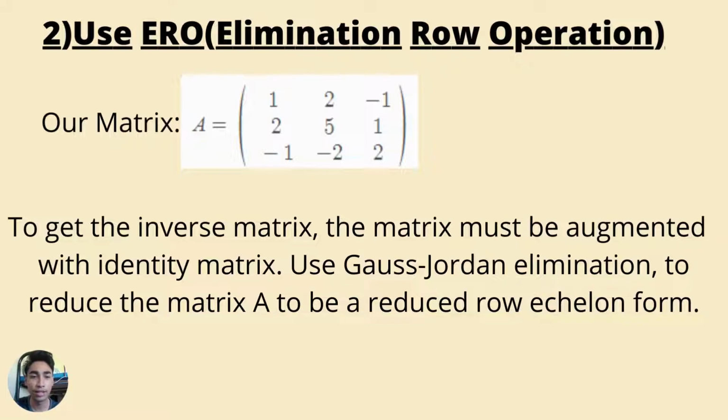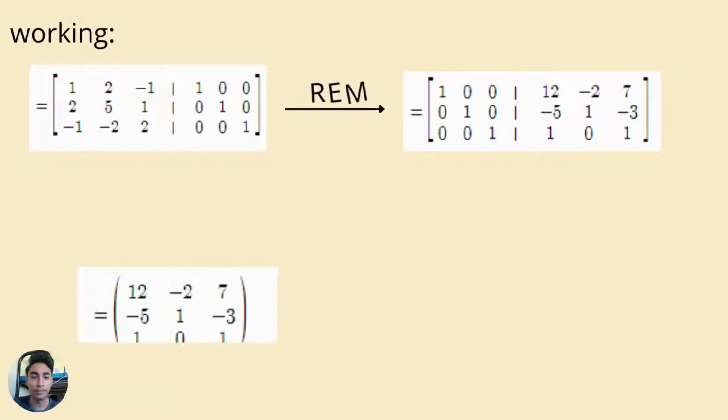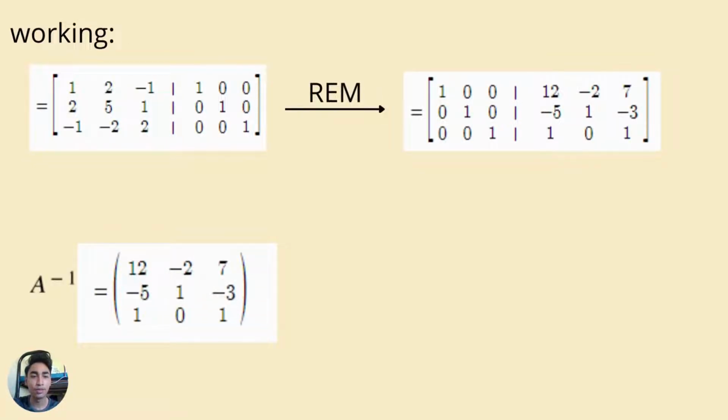Okay, so the working is here. After we use the row elimination method, there will be an identity matrix at the left side.